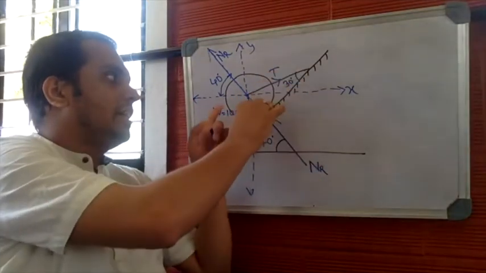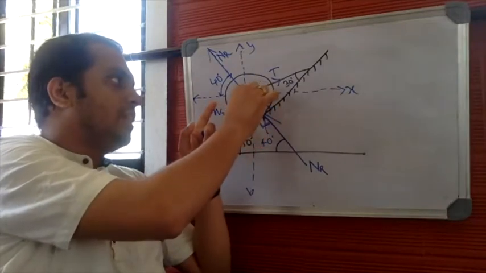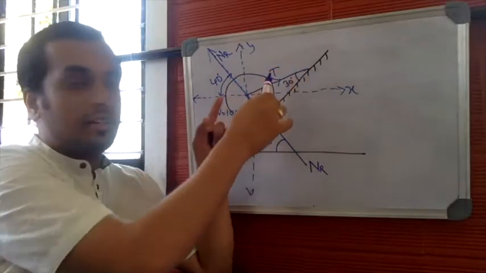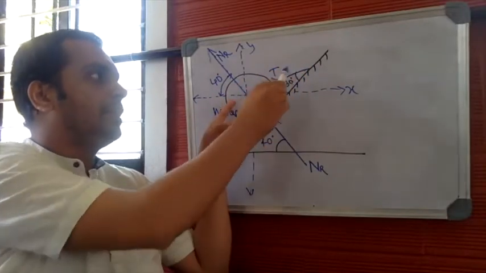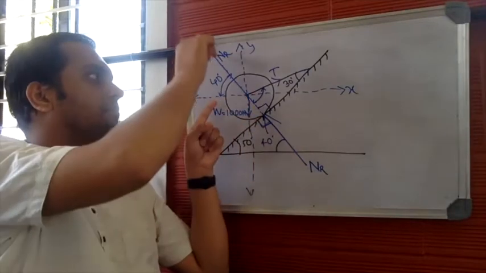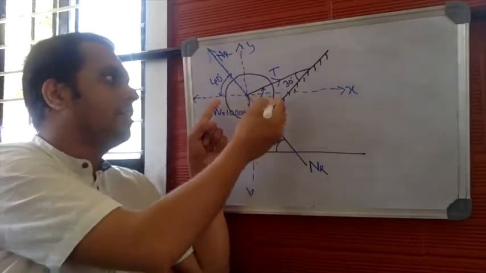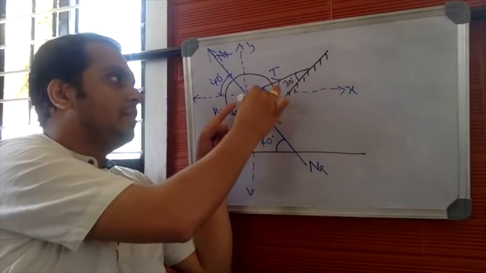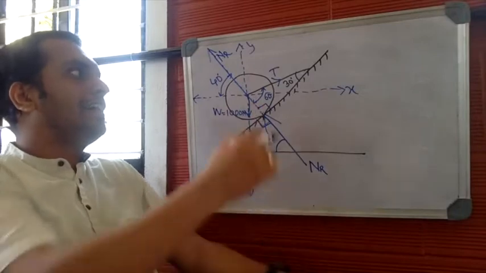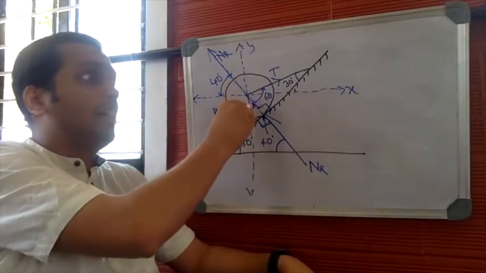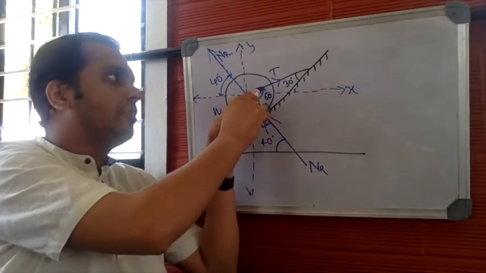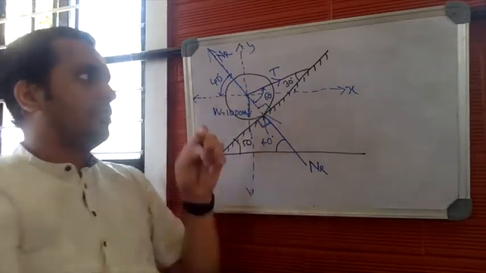If this is 30 and this is 90, observe here properly, the angle between tension T and the line of action of the normal reaction will be 60 degrees. 60 degrees is the angle between tension T and the normal reaction, not the angle between tension T and the horizontal.